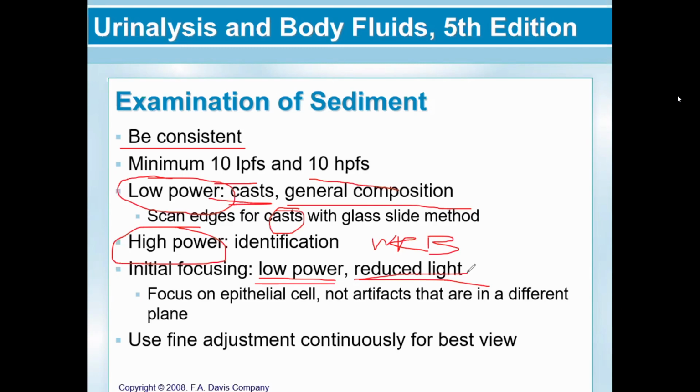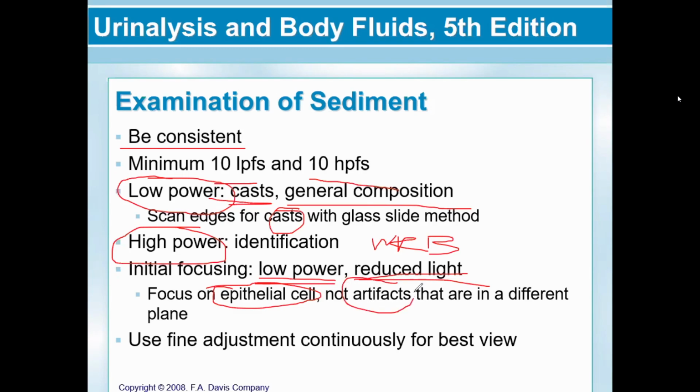And of course, when focusing, we try to look for the presence of squamous epithelial cells. Siya yung unang-una natin madalas nakikita. So pag nakakita na tayo ng squamous epithelial cell, nasa focus na ako. So not artifacts. Bakit hindi artifacts?